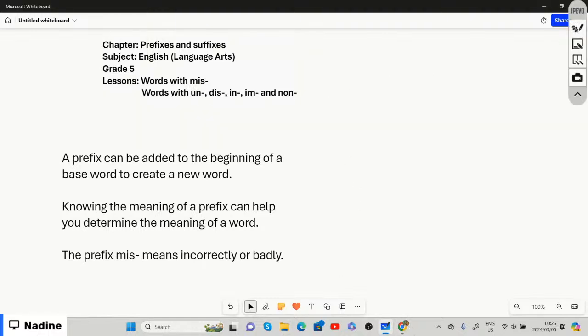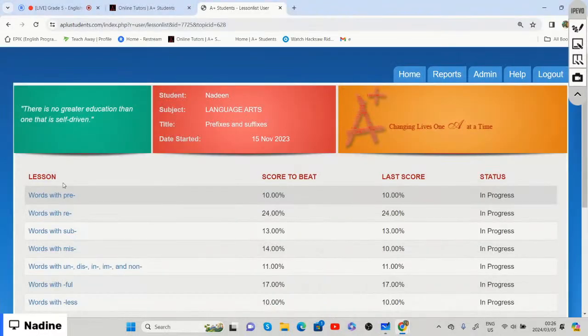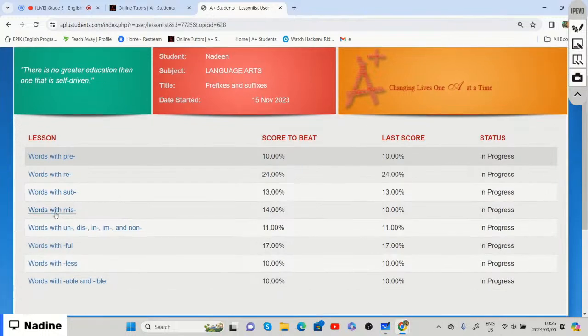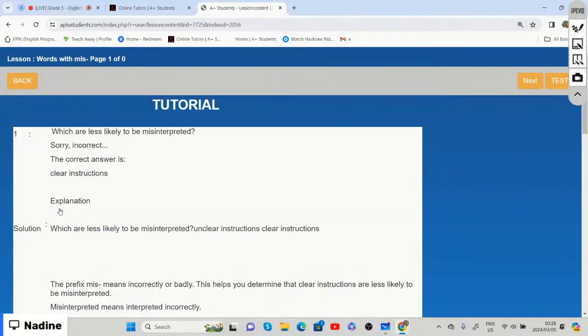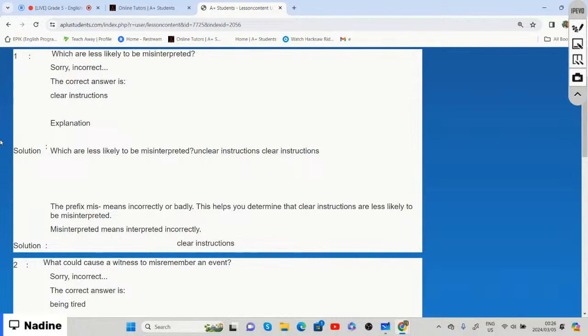All right. So we said our chapter is prefixes and suffixes. And now we're going to the lesson of words with miss.